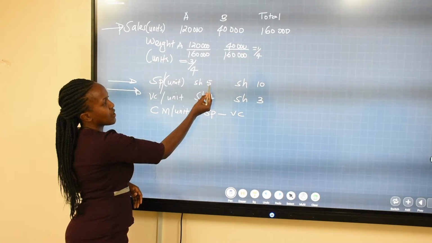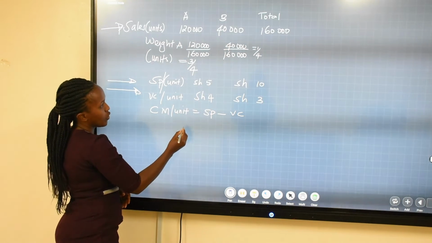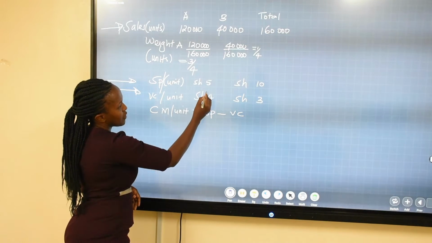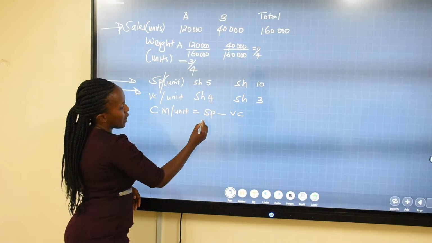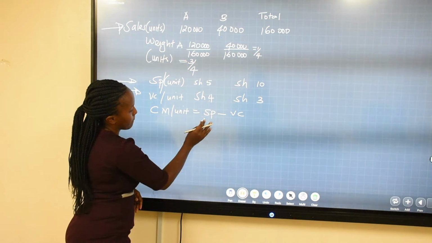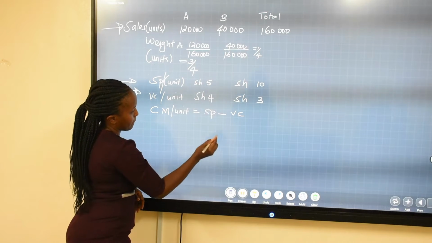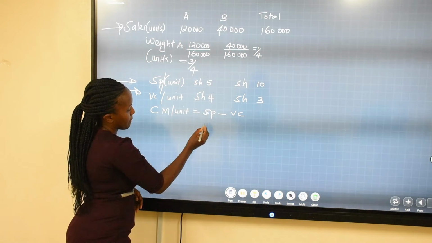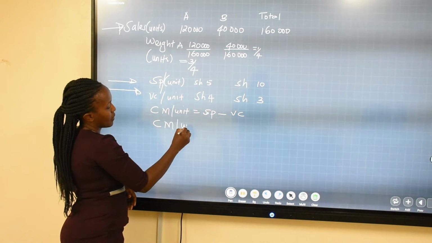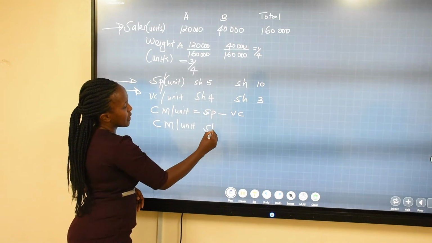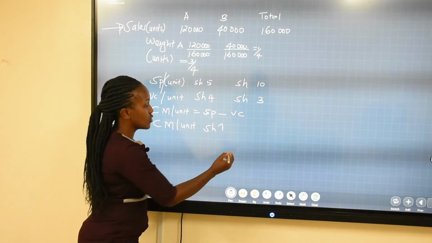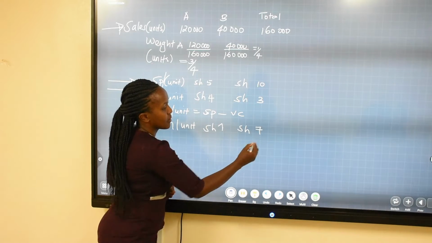Therefore, for A, it is going to be 5 minus 4, so it is going to be 1. So the contribution margin of A is going to be shillings 1. And for B, it is 10 minus 3, which is going to give us shillings 7.